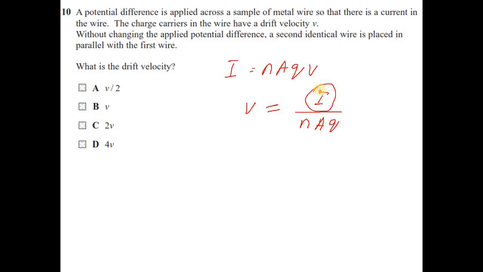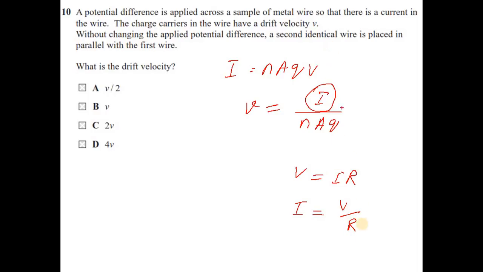Now for current, you see V = IR. Remember, don't confuse with this v. This v is the drift velocity, and this is the voltage. So V = IR, that means I = V/R.